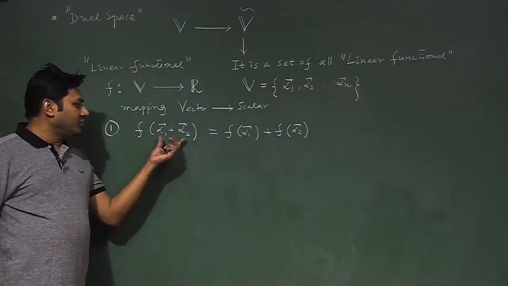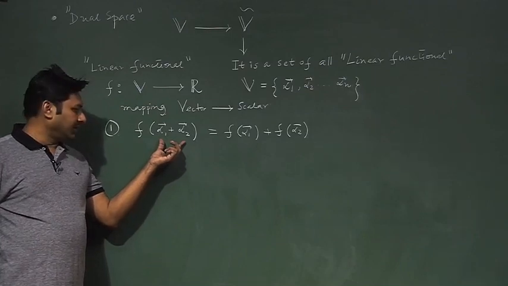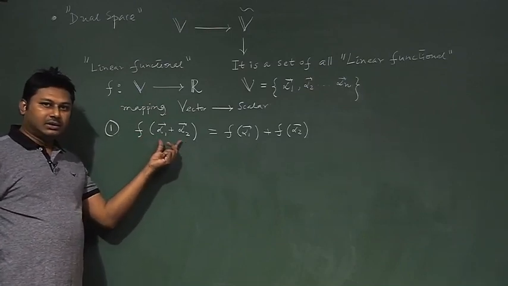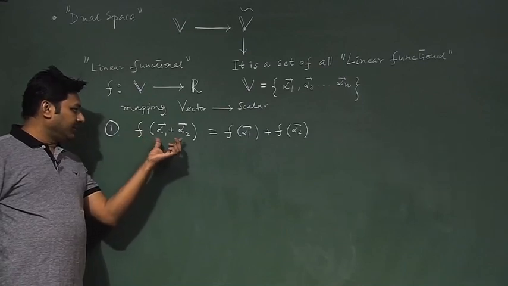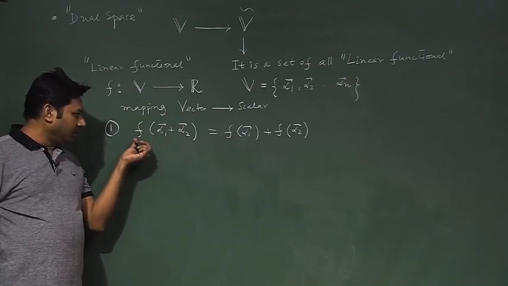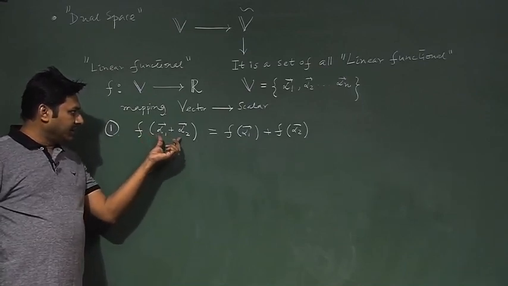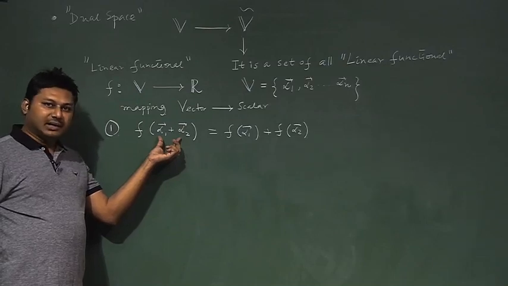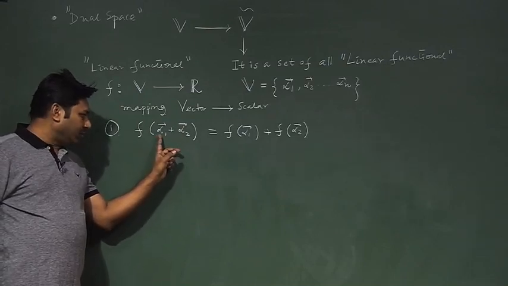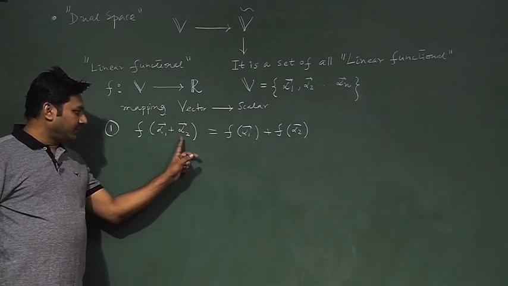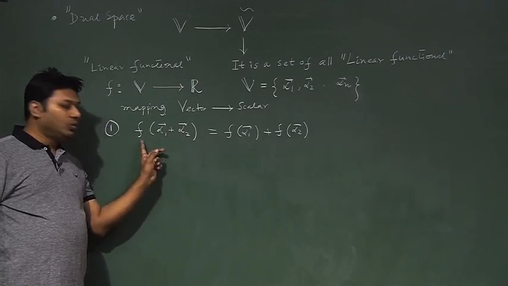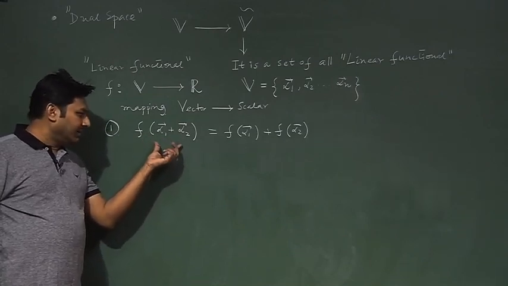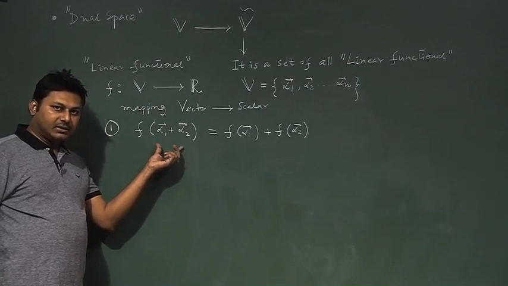I will add these vectors and then apply the rule over that. Whatever it gives, the rule applied over a vector gives a scalar quantity. So I take one vector from V, another vector from V, add them and apply the rule over that, and I get a real number or a scalar.